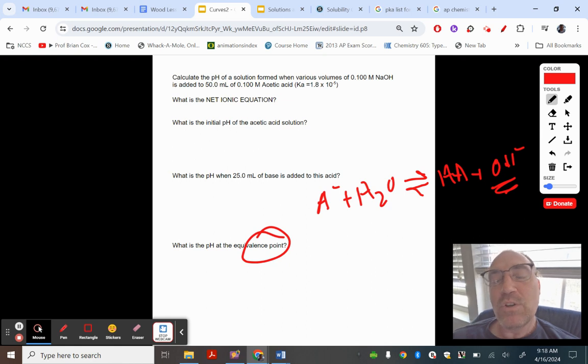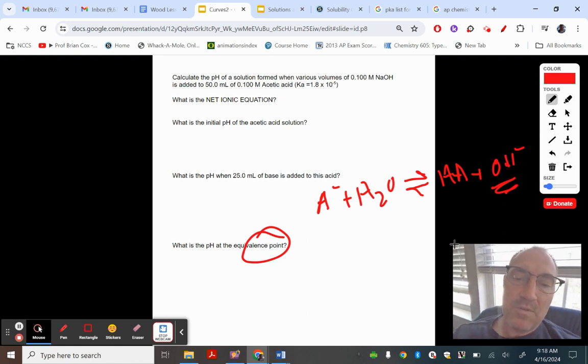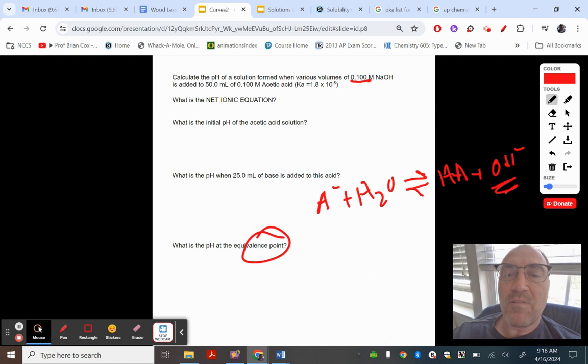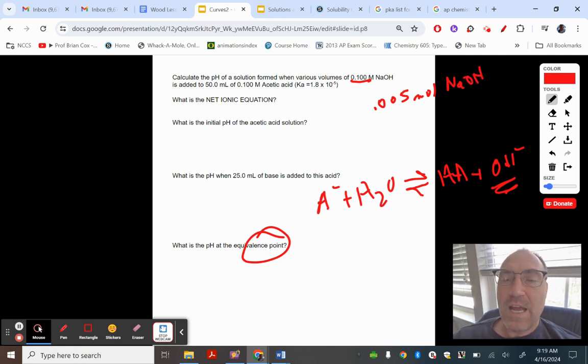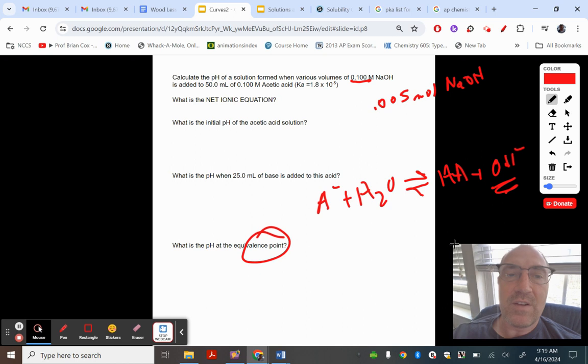Okay, so to do this, you have to find moles, and then we're going to find molarity. Remember how we said that we have 0.005 moles of NaOH. And I'm going to write my equation out here again, just so you can see it.